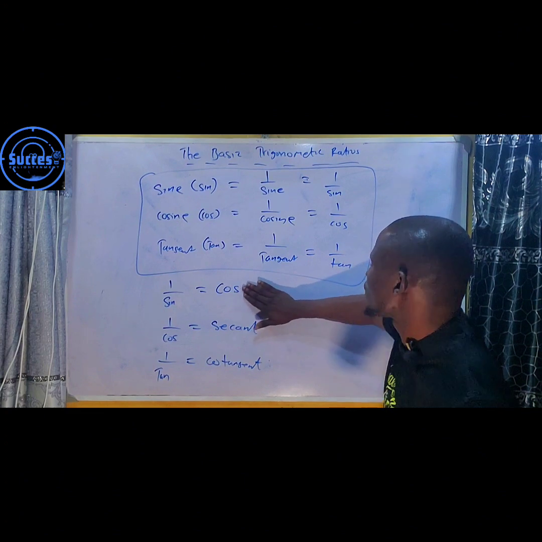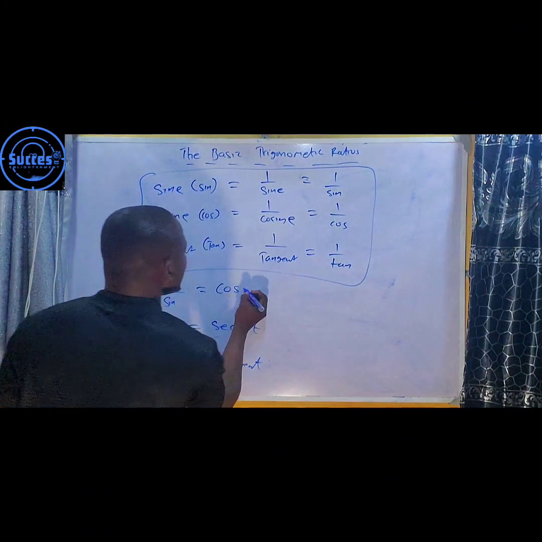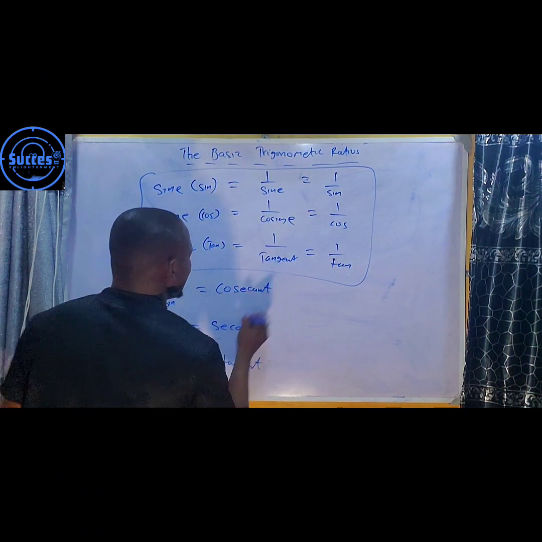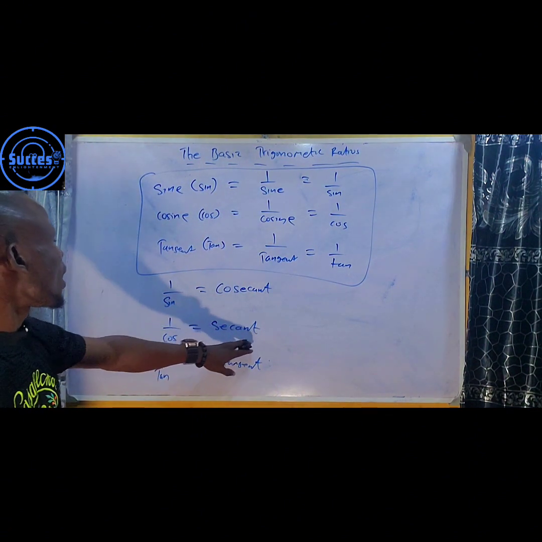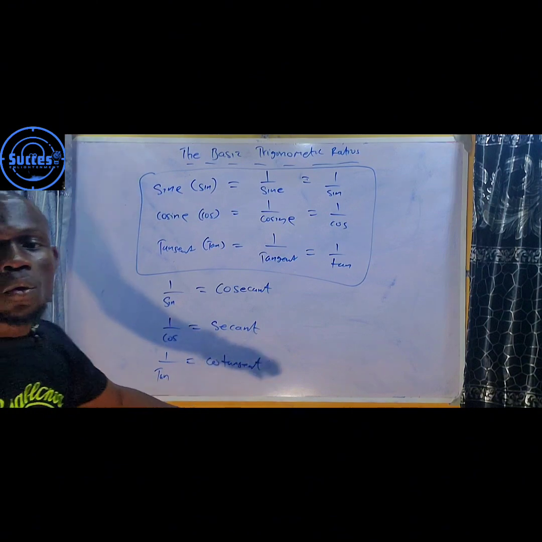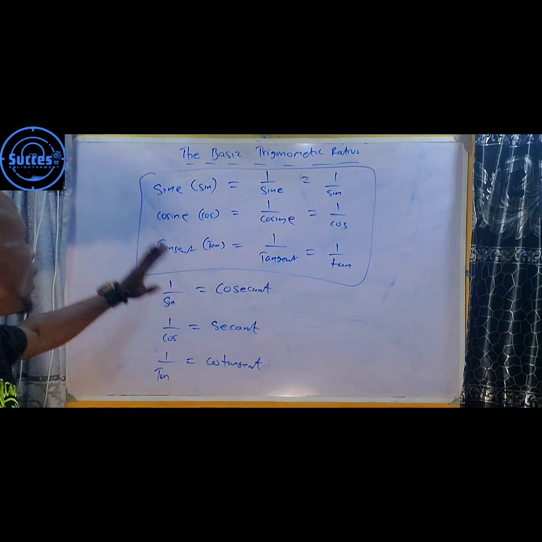Sorry, the first one is cosecant. We call this one secant, and we call this one cotangent. And these are their reciprocals.